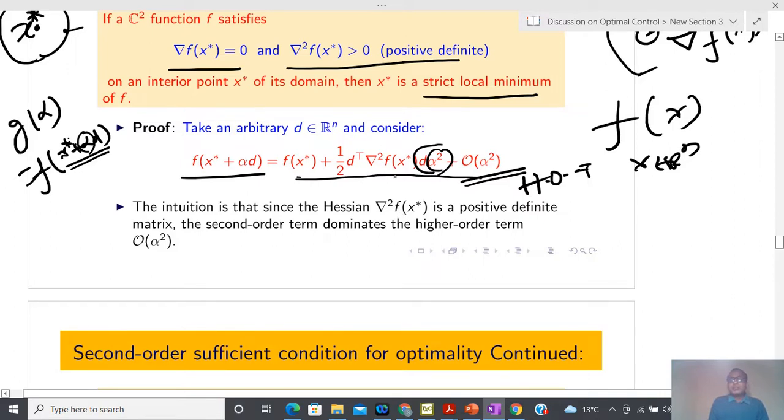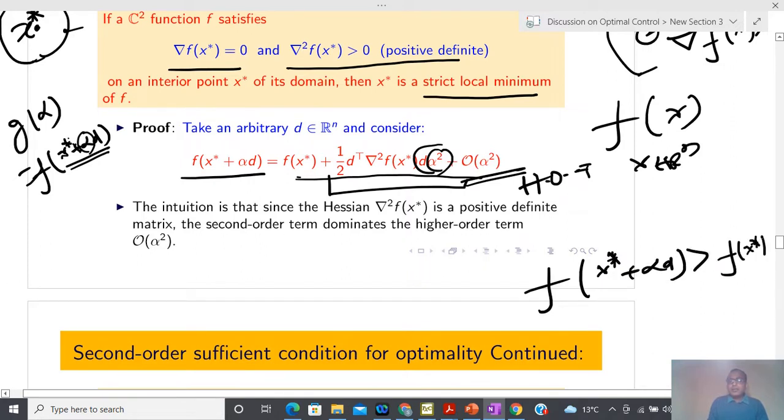I am assuming this is positive definite, and alpha square is here, and if that is greater than 0, and if this term is going to dominate over this term, it is possible to show that now f of x star plus alpha d is f of x star plus some positive number. Okay, and due to that reason I can tell that always this kind of condition is satisfied, that f of x star plus alpha d is greater than or equal to f of x star, because I am assuming that it is strictly greater than 0. Anyone has confusion, then please let me know.